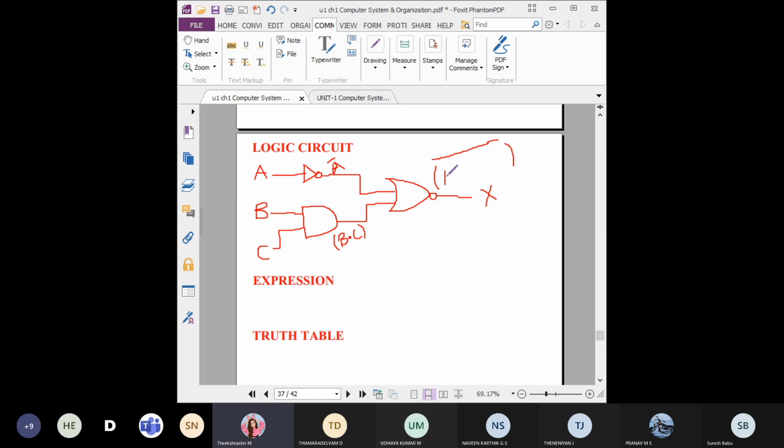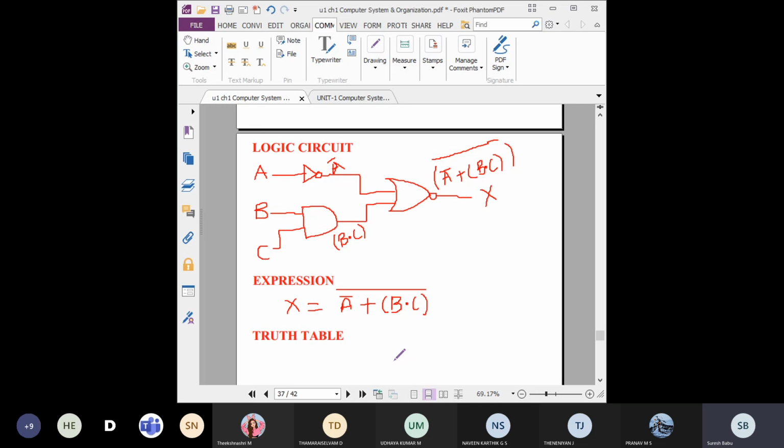A bar plus B dot C. This is the final expression: X equals A bar plus B dot C, whole bar.